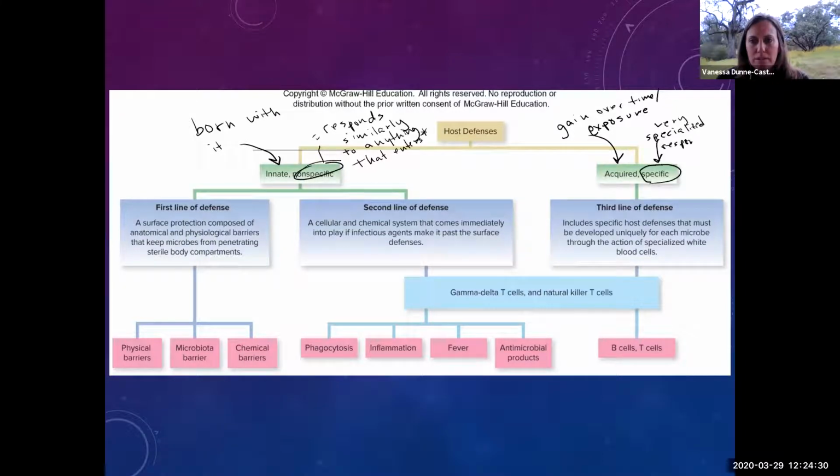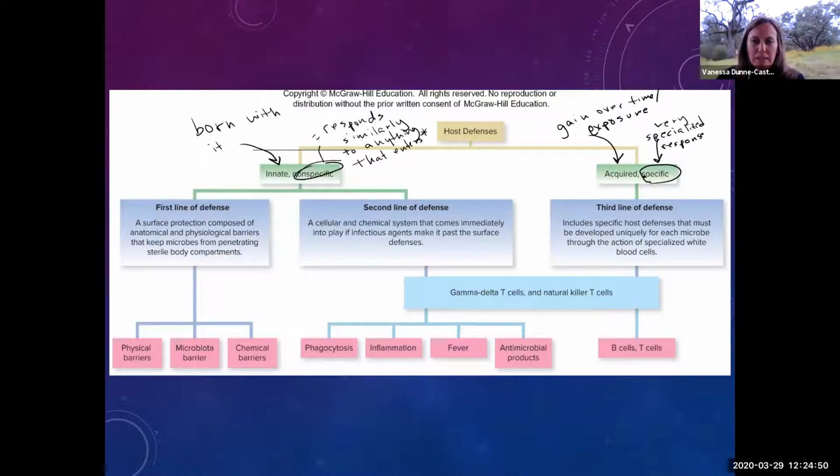And as mentioned in my example, this would be like identifying the very particular nuances of the glycoprotein on coronavirus and mounting a response that neutralizes that virus by binding to that very, very specific site.